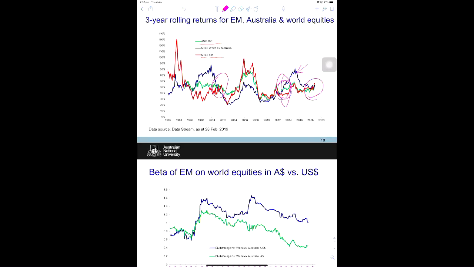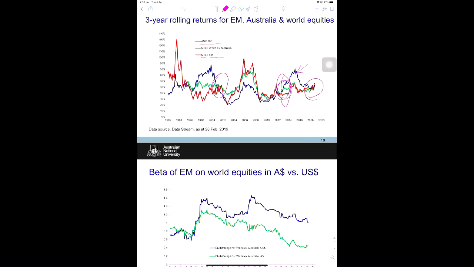With this diversified portfolio, we actually have more exposure to emerging markets than we believe. How can we understand this?